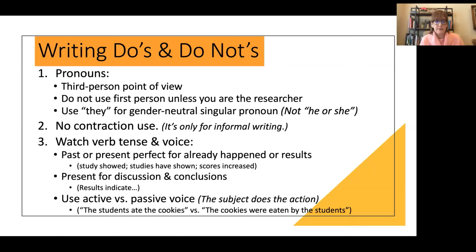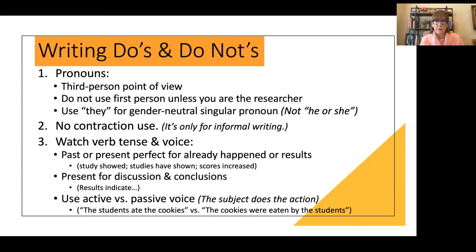And then the verb tense and the voice. This is the same as it's always been: use past or present perfect tense for what already happened or for results, things that happened in the past. My examples are study showed.